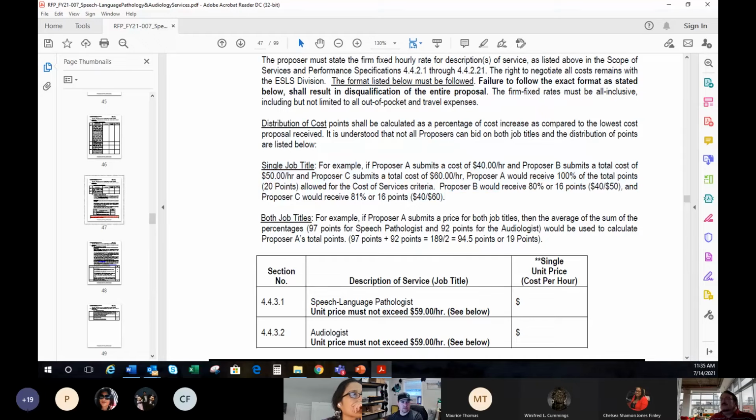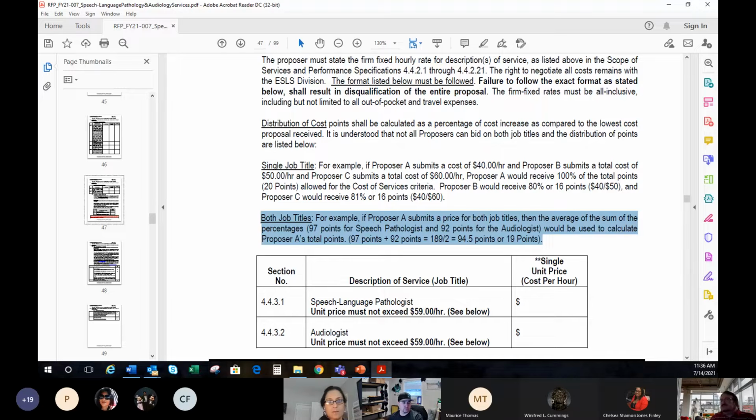Now you can also submit jobs for both titles. So basically what you're going to do is take the points for 4.4.3.1 and the score that you got for 4.4.3.2, add them together, divide by 2, and this will provide you an average points for that section.